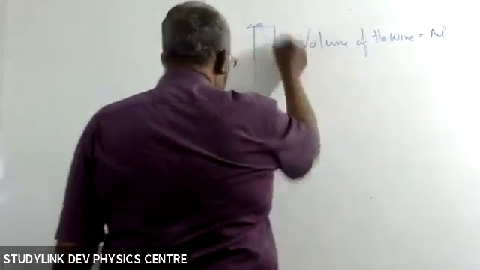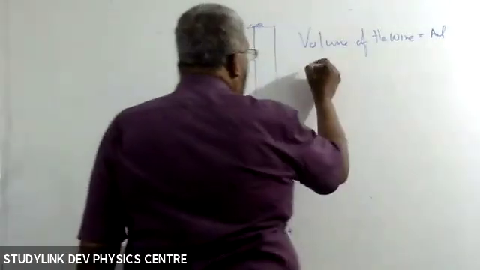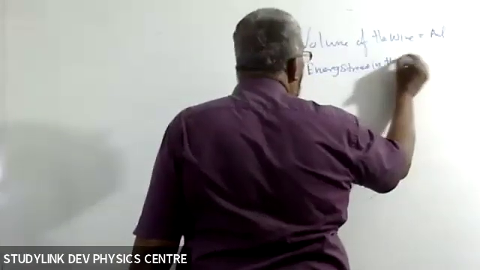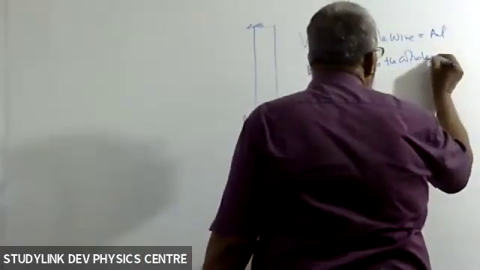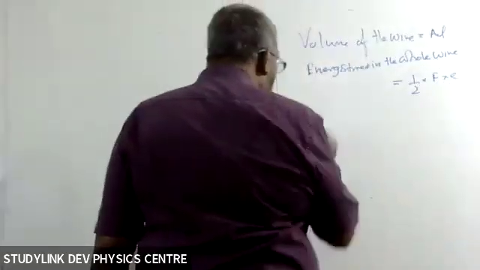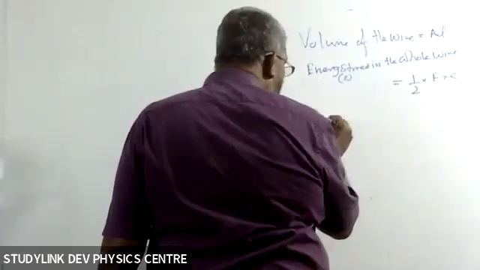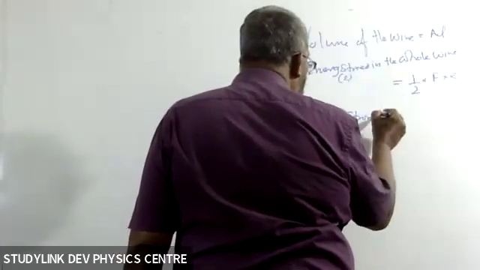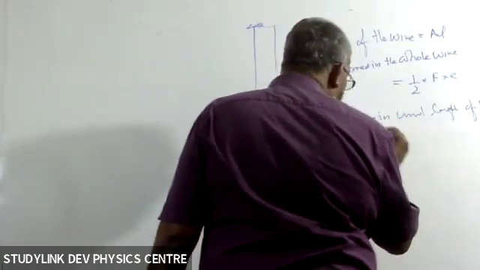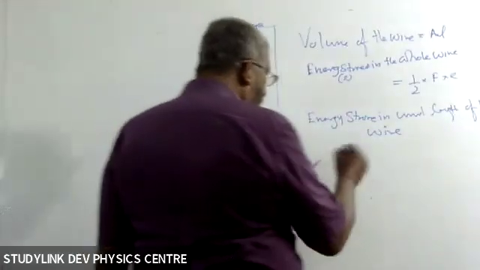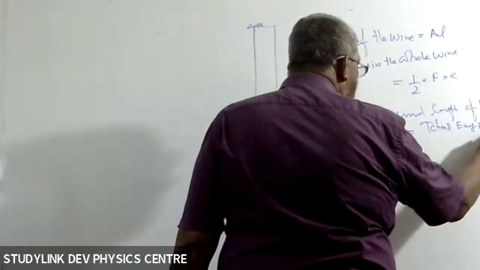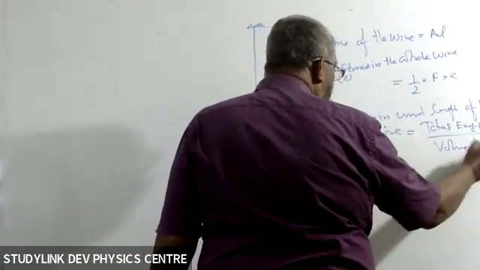Energy stored: extension is there now, force is here. The energy stored in the whole wire, W whole, is equal to half into F into E. Now, the energy stored in unit length of the wire is equal to the total energy stored divided by the volume of the wire.